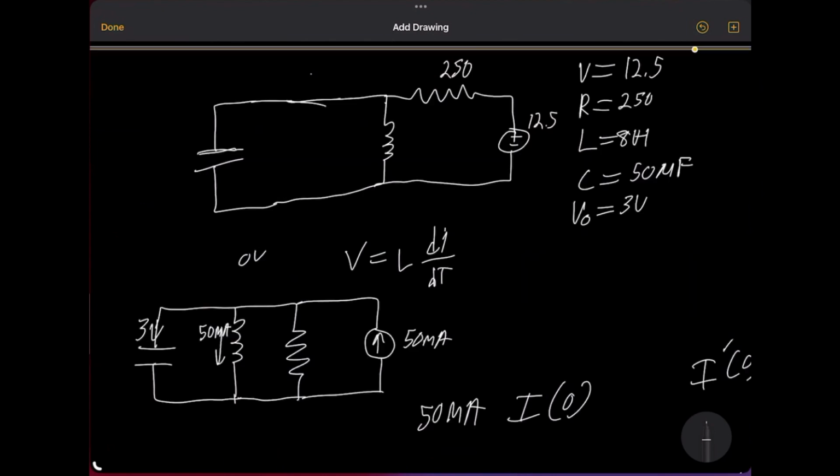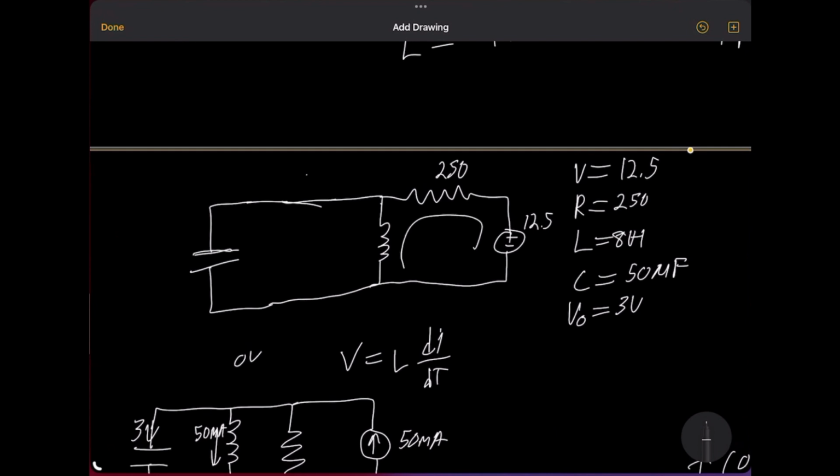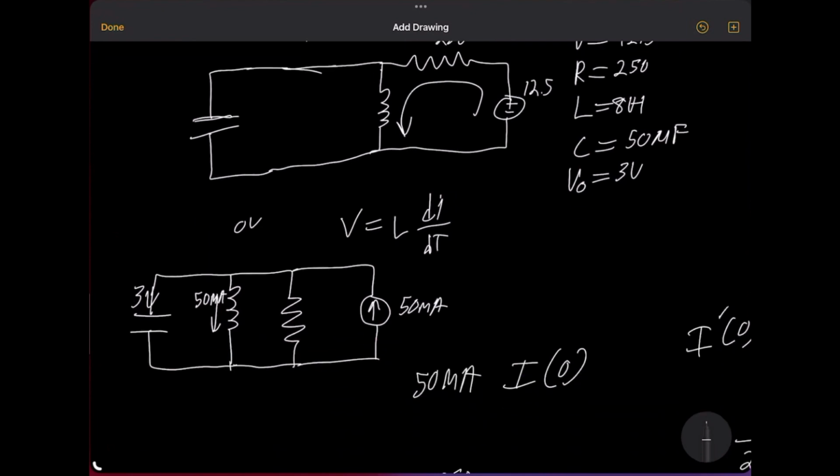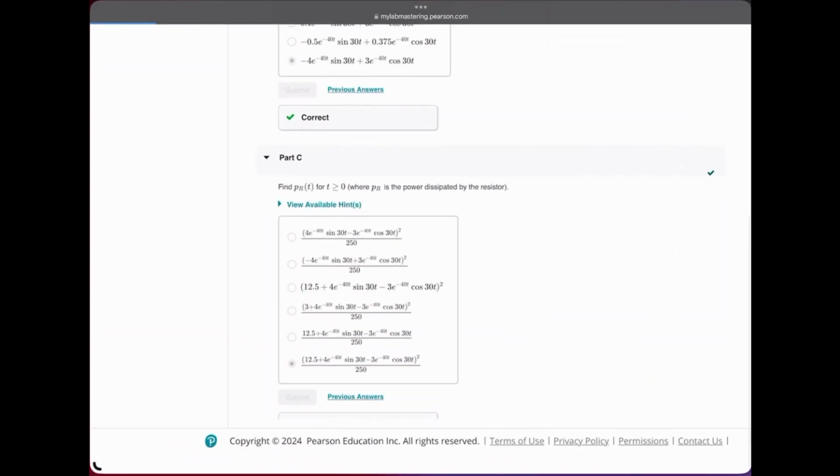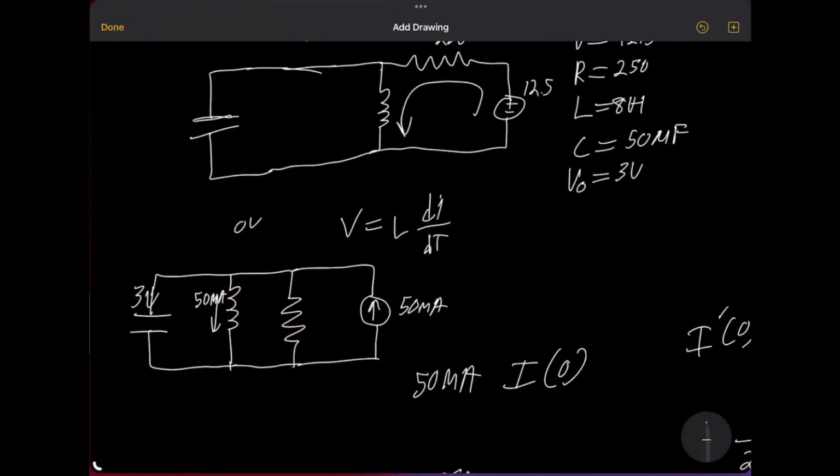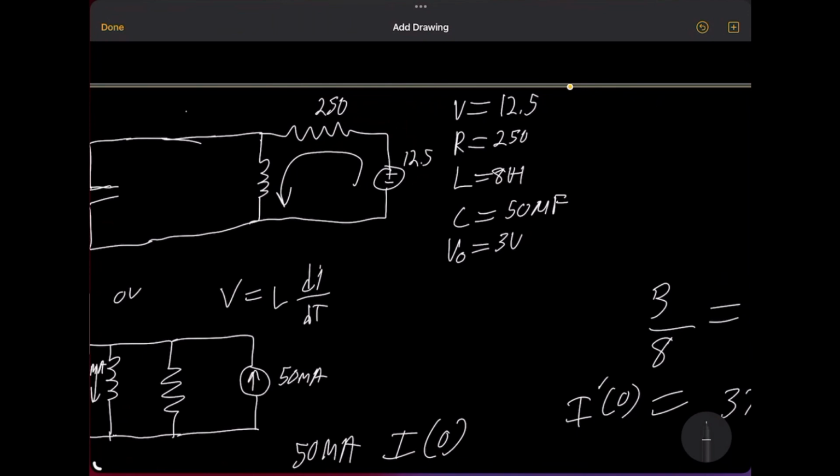Well, if you do a little KVL here, we know that the resistor is going to have R plus minus, and we're going to start right here. So that's going to be the negative. R is going to be the negative. You're going to plus that over.